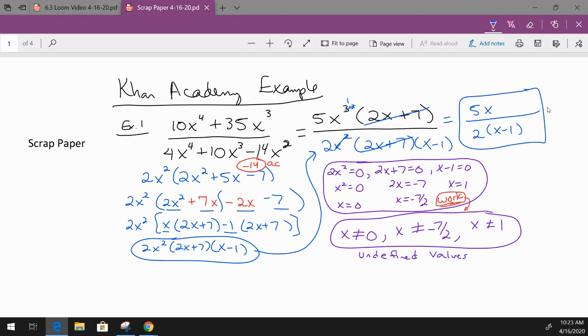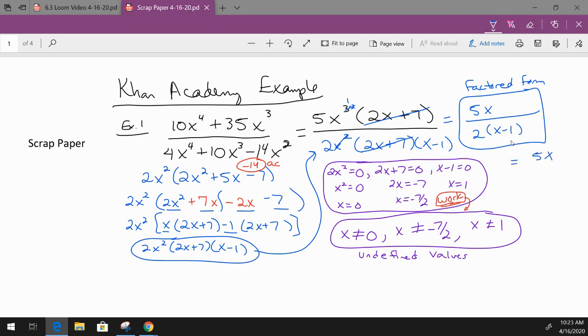So rather than leaving the answer in factored form, like this is factored form. And when you do assignments in Big Ideas, you want to leave things in factored form. And most of the time, we do leave things in factored form. But on Khan Academy, for some reason, they want you to multiply the 2 back in.